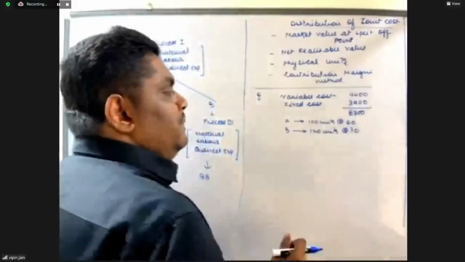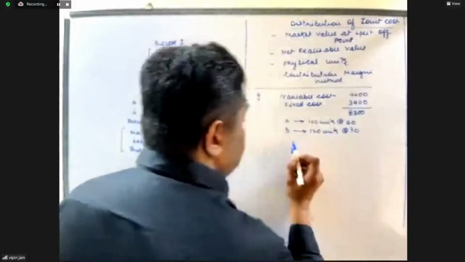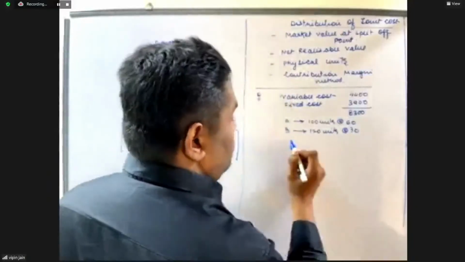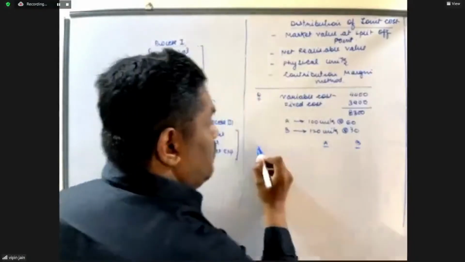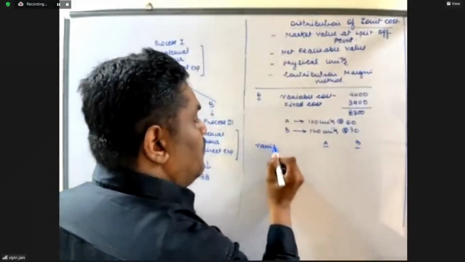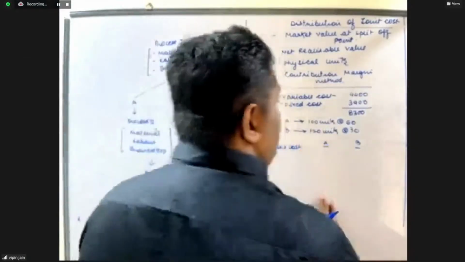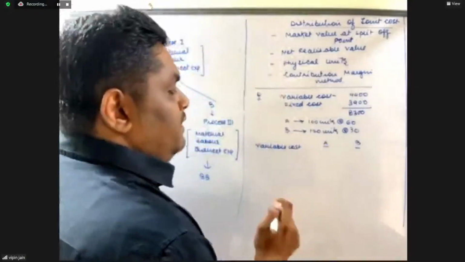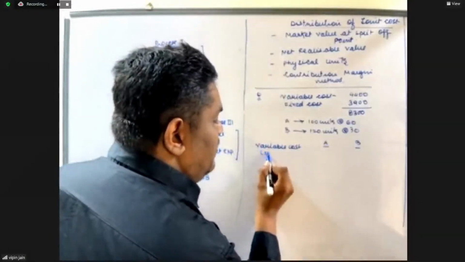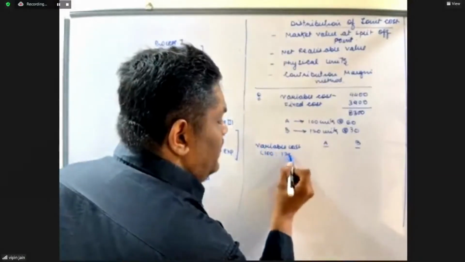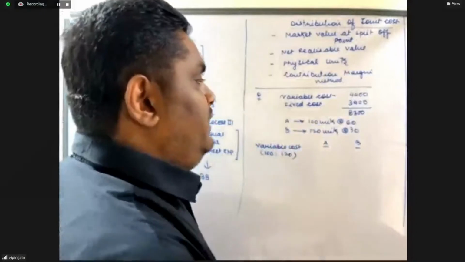So herein, we'll first distribute the variable cost in the ratio of physical units, that is 100 is to 120. The physical units are 100 and 120.